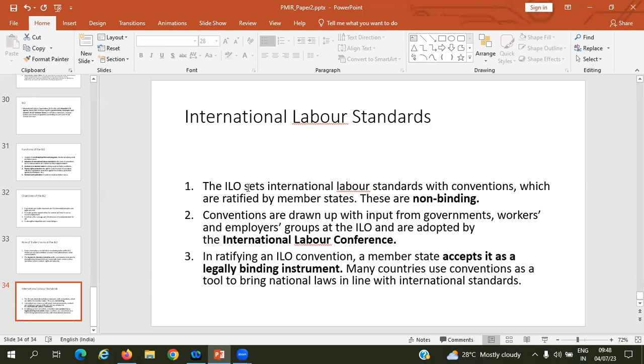They are listening to all the unions, what is the standard, what they say. So based on that input, ILO is giving and writing all the standards at international level. So these are the sources of how ILO is deriving all the standards.